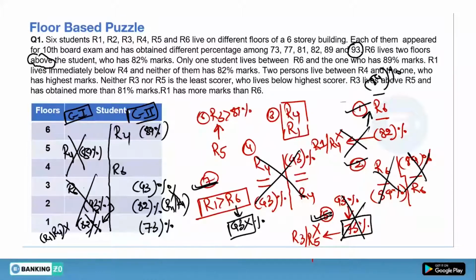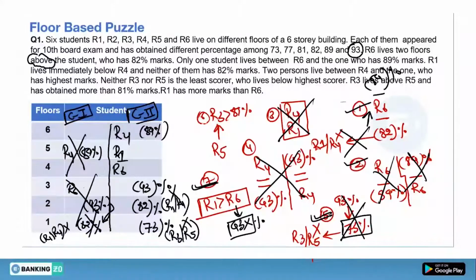And just below R4 R1 is living, so R1 will come here, and this is also used. Now above R5 R3 is living, and the information connecting R5 and R3 is given in our hint number 5, that they both are blocked on 73%, so R3 and R5 are blocked on floor number 1.